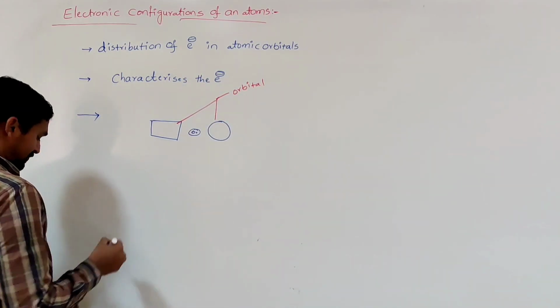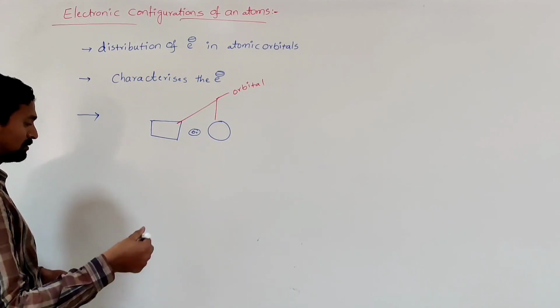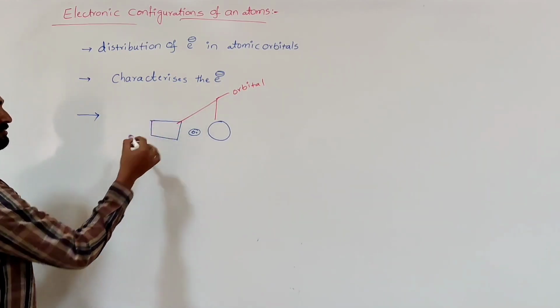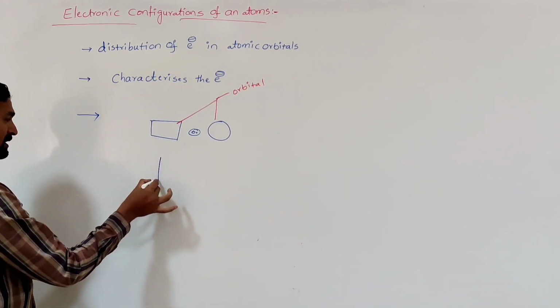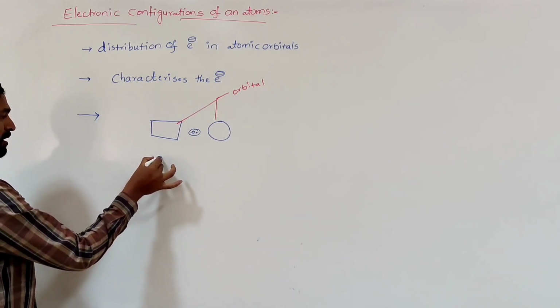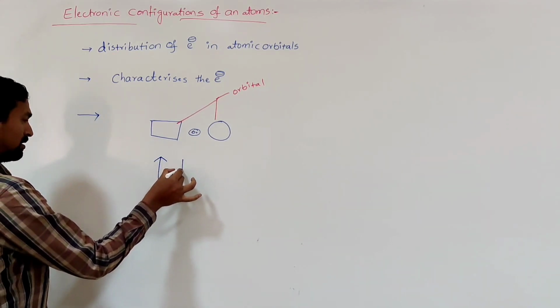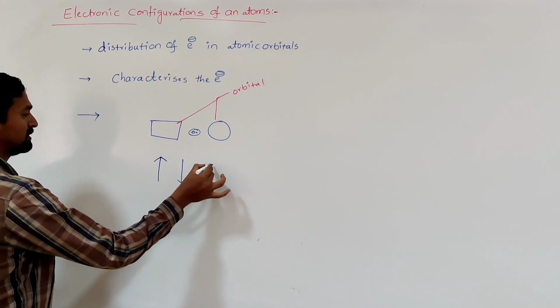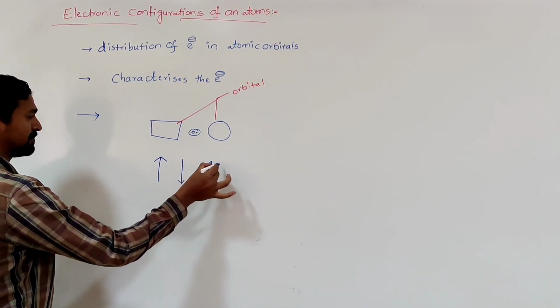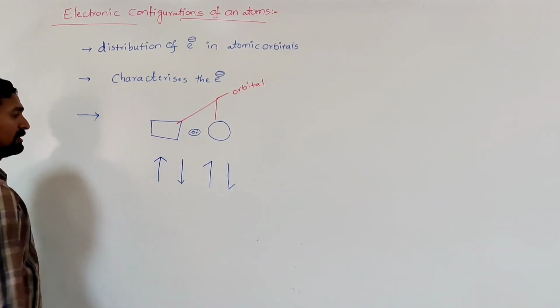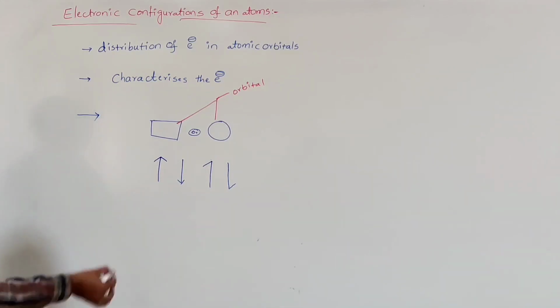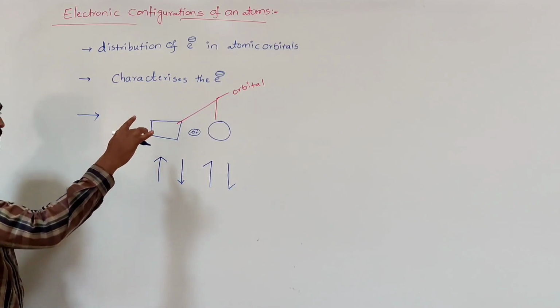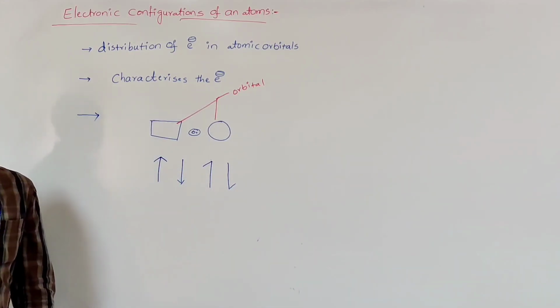An electron cannot be written as the word in the box; electrons are represented with an upward or downward arrow. This also represents the spin of an electron. If it is upwards, it is plus half. If it is downwards, it is minus half.